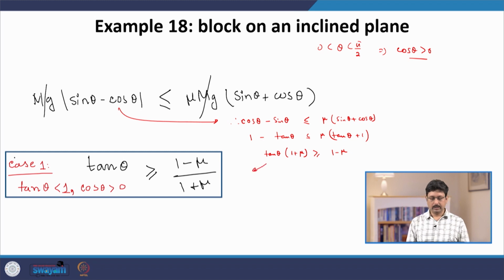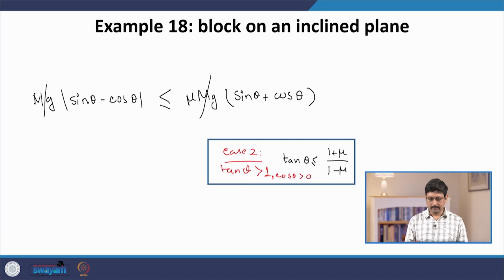Hence, tan theta must be greater than or equal to the ratio 1 minus mu divided by 1 plus mu. Similarly, in the other case, when tan theta is greater than 1, in the same way you can show that tan theta must be less than or equal to another ratio, 1 plus mu divided by 1 minus mu, which happens to be the inverse of the previous ratio.